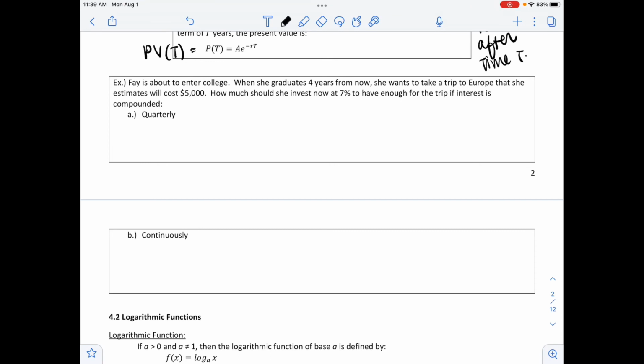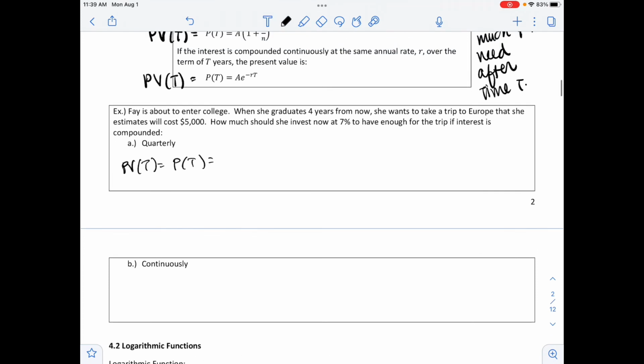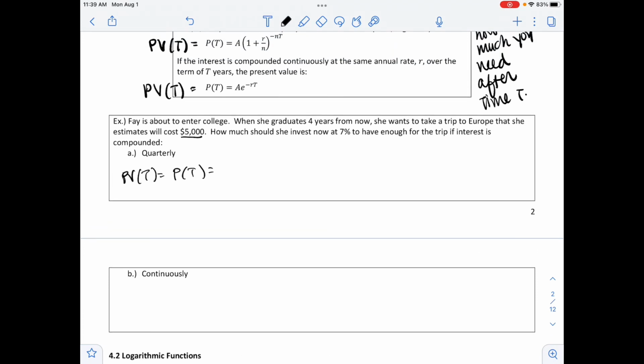So for this, the present value P of T is going to be equal to, and the value that we have here for A, which is how much you will need after time T, is $5,000. She wants to go on this trip in 4 years, so that is going to be our T. And R is equal to 7% or 0.07.